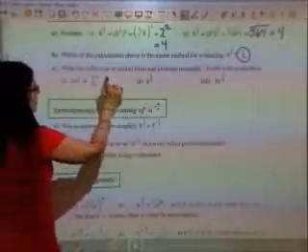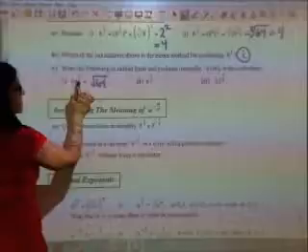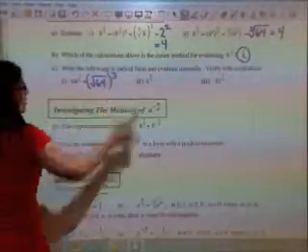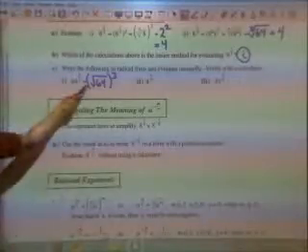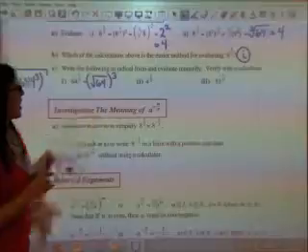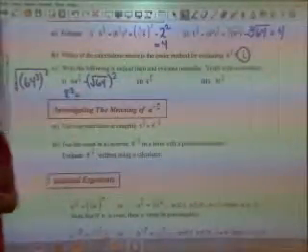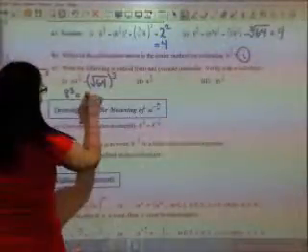So the radical part would be 64, the square root, because that would become my index, and then I would cube the answer, which is a lot easier than trying to take 64 and raise it to the power of 3 and then try to take the square root of it. So the square root of 64 is 8. And then I have 8 to the power of 3, which is 8 times 8, which is 64. And 64 times 8 gives me 512.